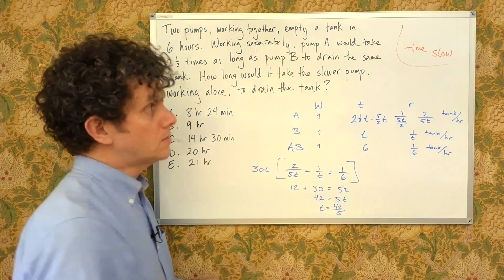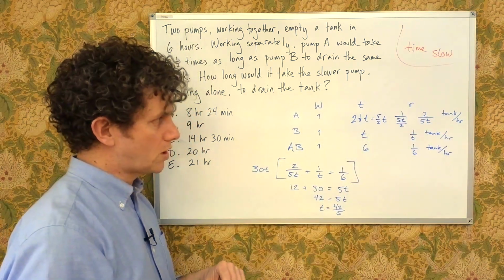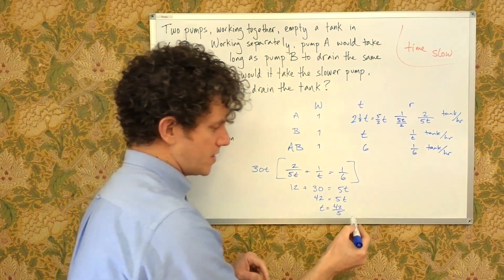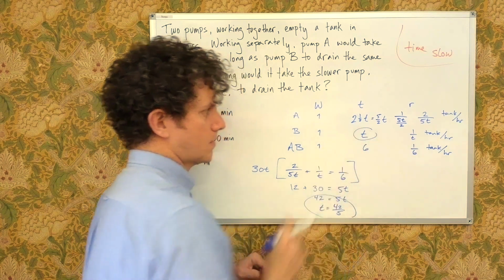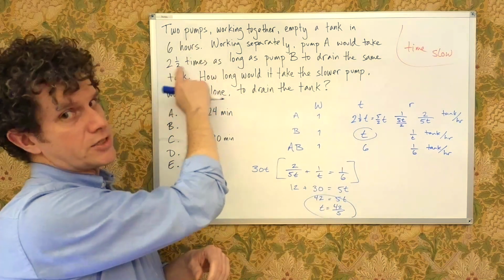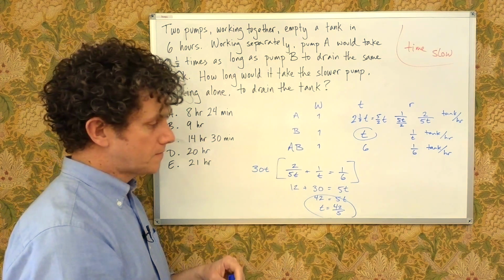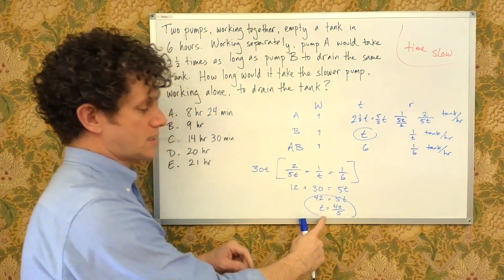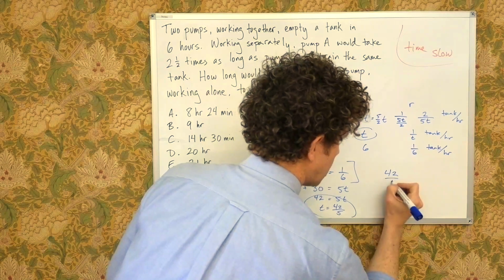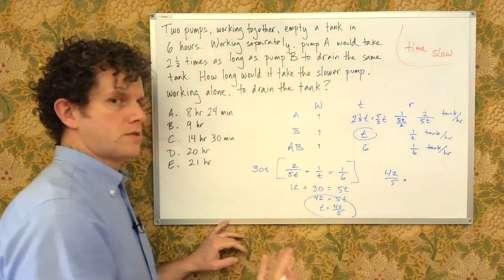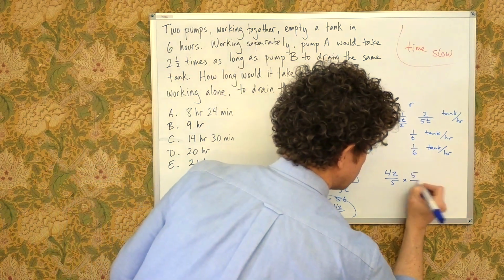fall for that anymore. What are we here for? We're here for the time that the slow one takes. This number here is our t. A takes 2.5 times as long as B. So if that's the time for the faster one, we want to multiply it by 2.5, which is 5/2.